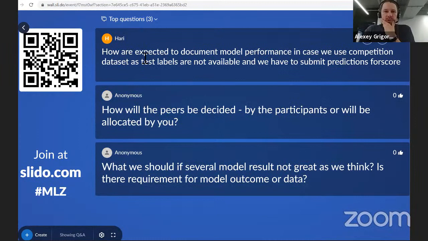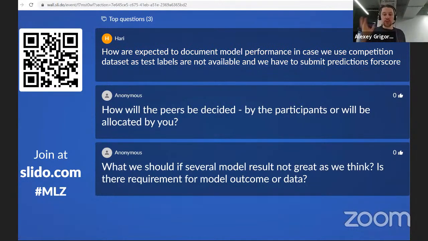So how are we expected to document model performance in case we use a competition dataset, as test labels are not available and we have to submit predictions for a score? In this case, you take the dataset that is available on Kaggle and you pretend that this is the only data you have. Then you do the usual split into test, validation, and train, or just test and full train.